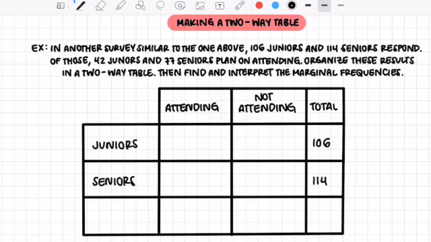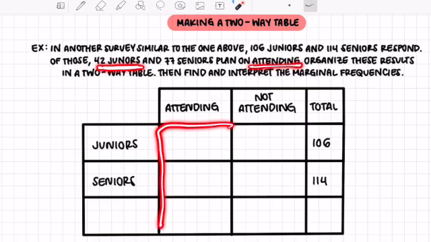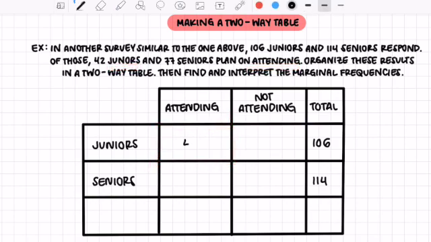So this becomes more specific because not only does it tell us what class they are, but it tells us if they are attending. So juniors and attending would be in this box. So I would put 42 here. Then 77 seniors attending, that would be in this box.